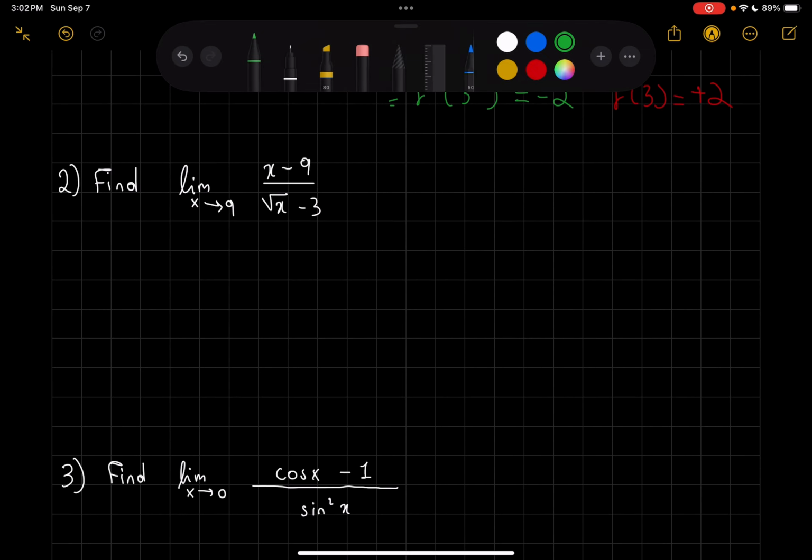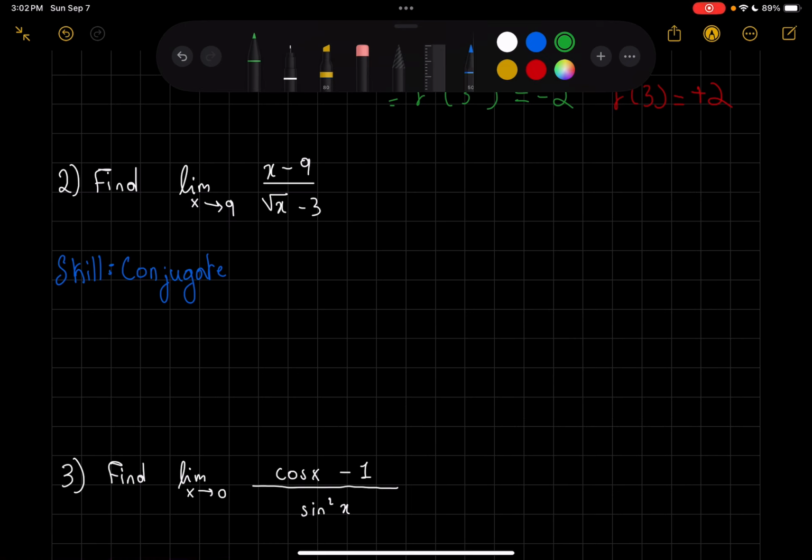Limit as x tends to 9 of (x minus 9) over (square root of x minus 3). For each question, I'm going to note down the skill that is required in order to solve it. For this question, the skill that we are going to use is called conjugate multiplication, or just conjugates. Anyways, what is the skill?